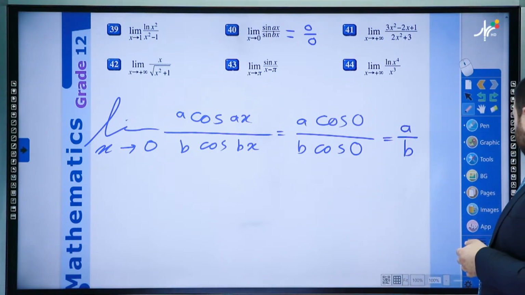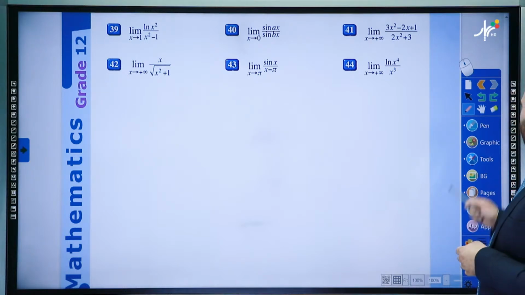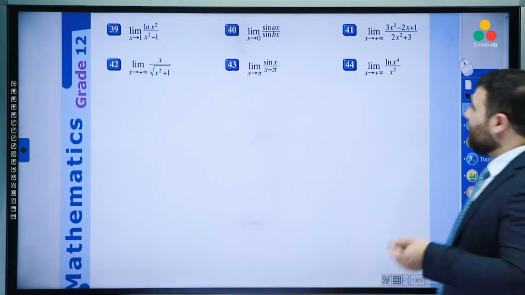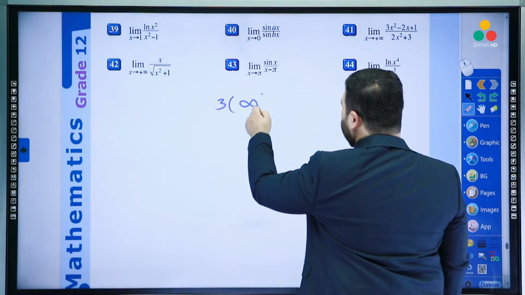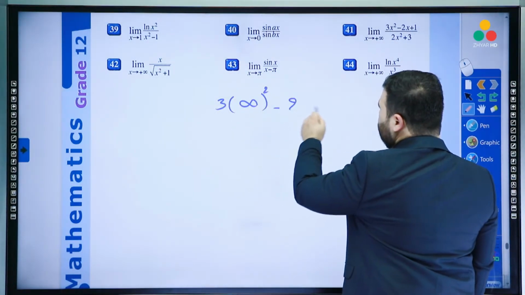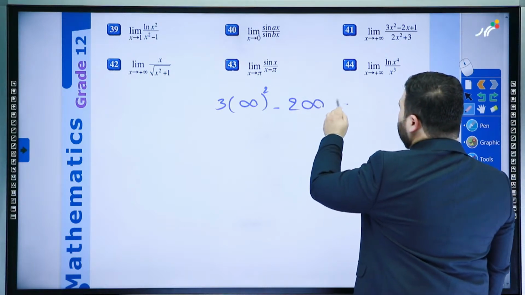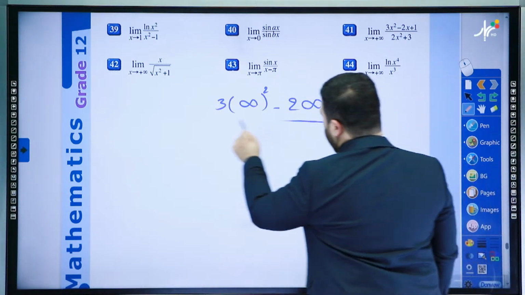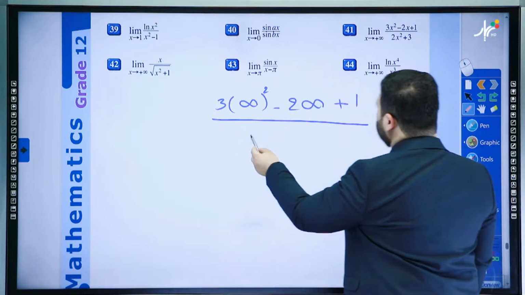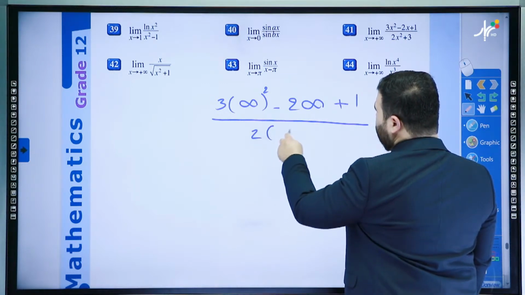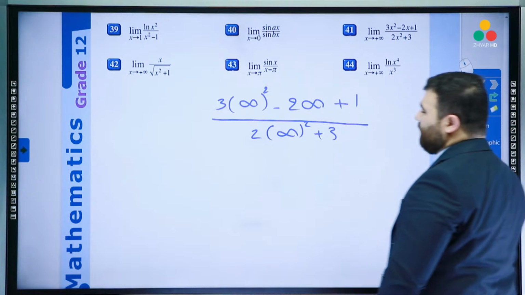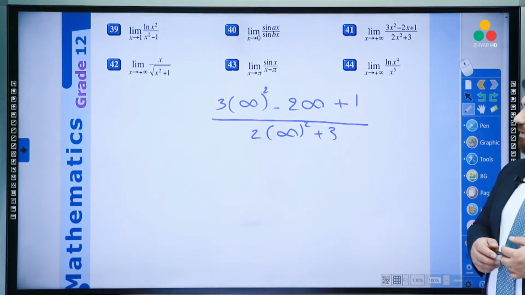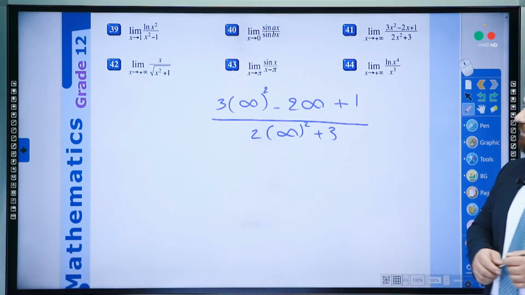Now question 41. This time the limit tends to infinity. If we replace them, it will be 3 times infinity power 2 minus 2 times infinity plus 1 over 2 times infinity power 2 plus 3. Okay, so this will be infinity over infinity.